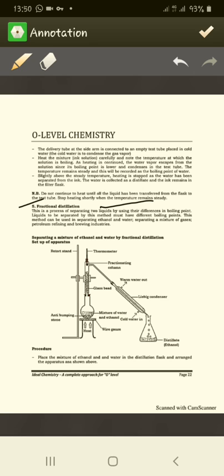That is what this statement means. Stop heating shortly when the temperature remains steady. So that's what we mean. When the temperature is no longer changing, neither increasing nor decreasing, it means you have reached the boiling point.